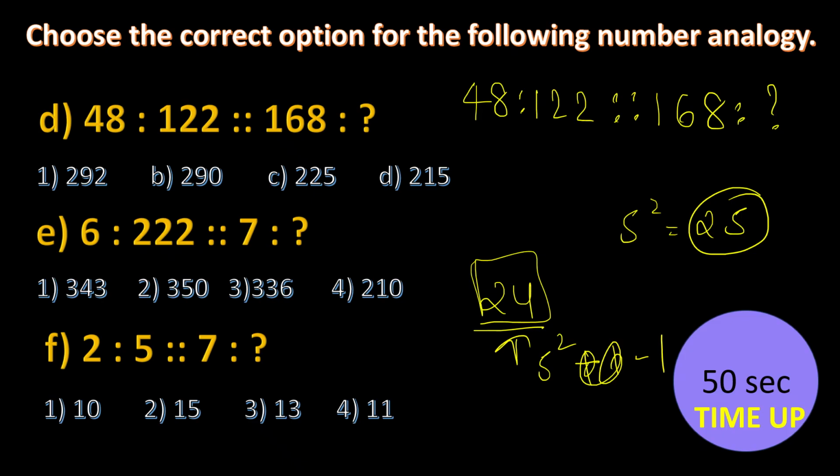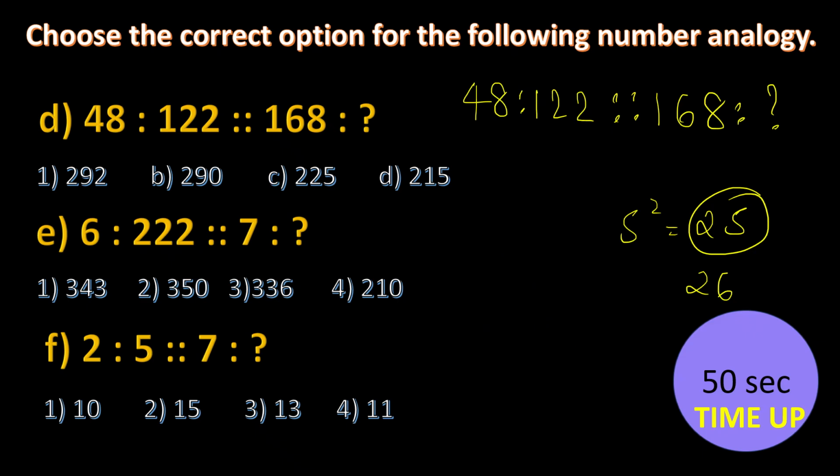Otherwise, they can give 26. Then what you need to do? 5 square plus 1 will give you 26. So like that they will give. Directly they will not give 25. Sometimes they will give, but most probably they will give like that.